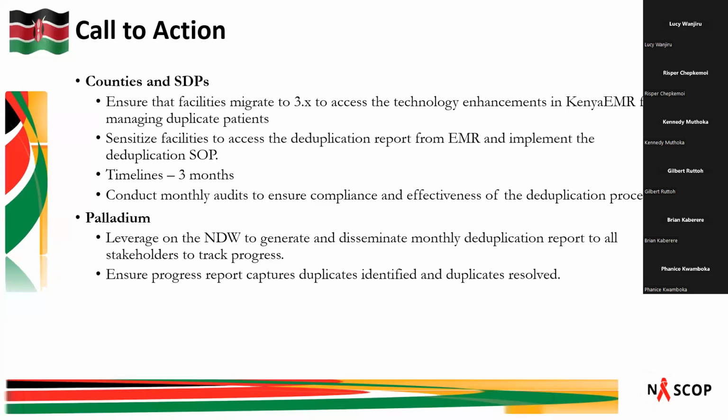We are giving ourselves a timeline of 3 months, so hopefully we should have been able to clean our data and have what I would call one-to-one. After that, we should be able to conduct monthly audits to ensure that we have complied and to look at how effective the processes of deduplication are.